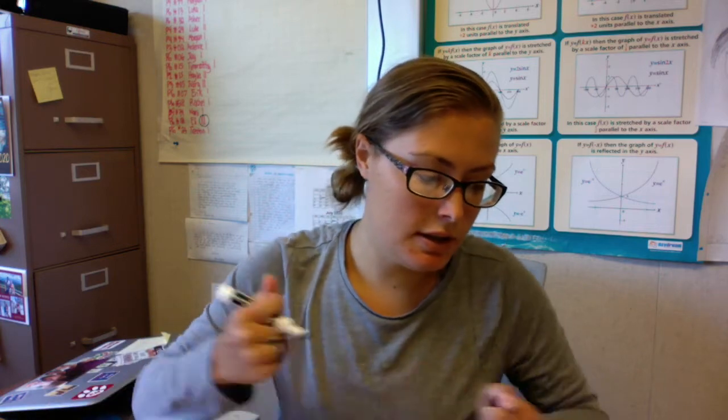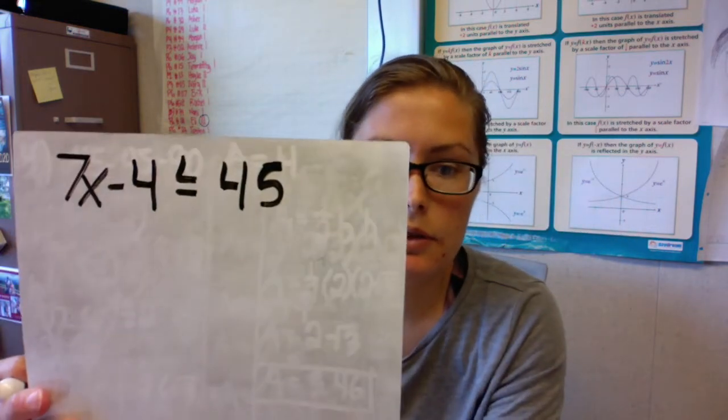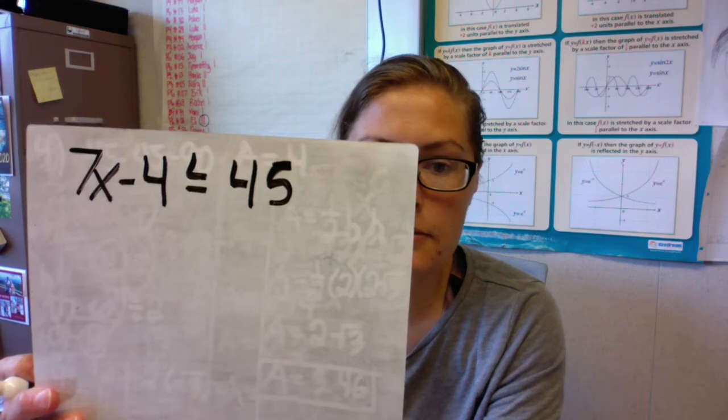Okay, starting with the Algebra Review, we have solve 7x minus 4 is less than or equal to 45. We're going to start by adding 4 to both sides.